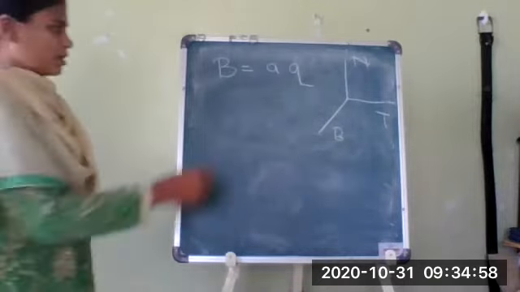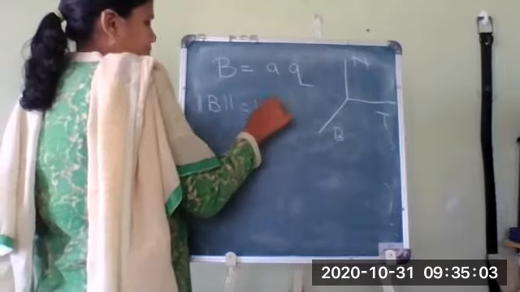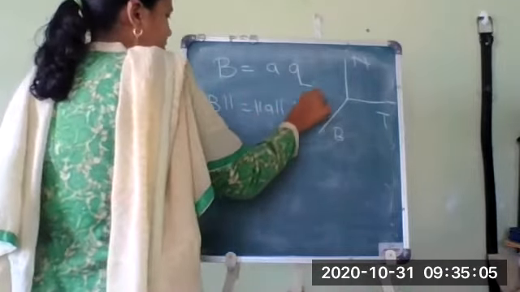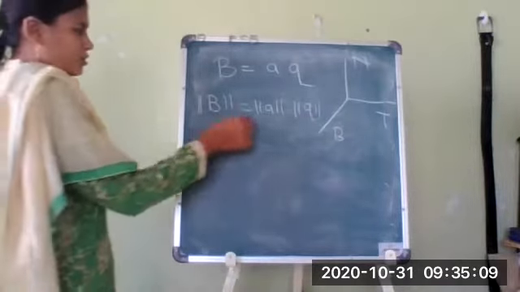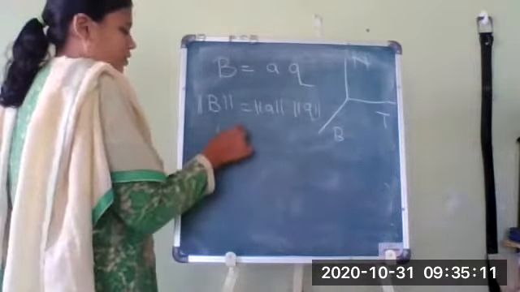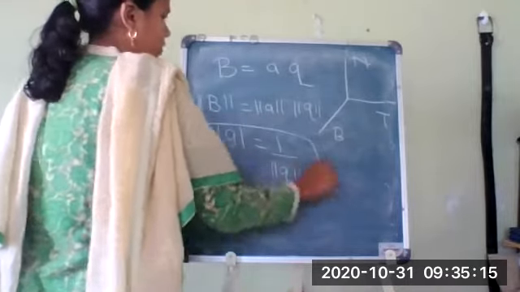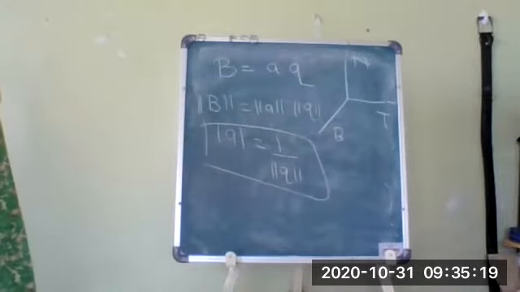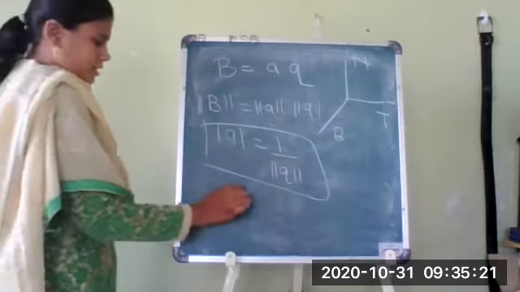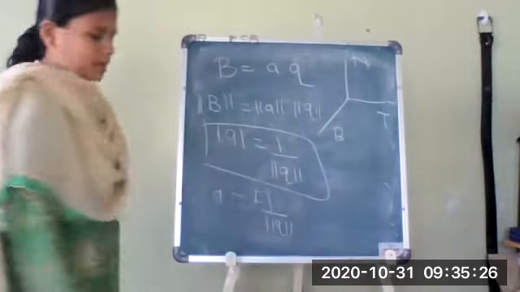After taking the norm on both sides, norm of b should be equal to norm of a into norm of q. As we know that norm of b is equal to 1, and as a is a scalar, we can say modulus of a is equal to 1 upon norm of q. Now if I remove the modulus, a is equal to 1 upon norm of q with a positive or negative sign.